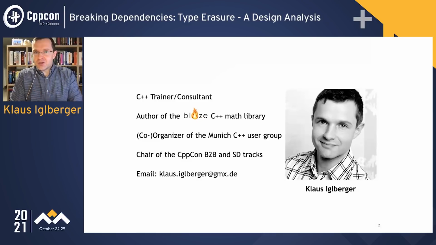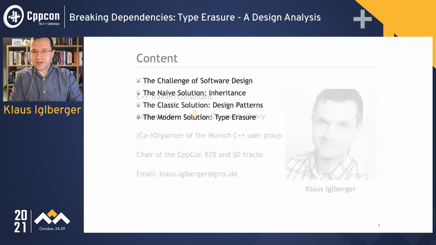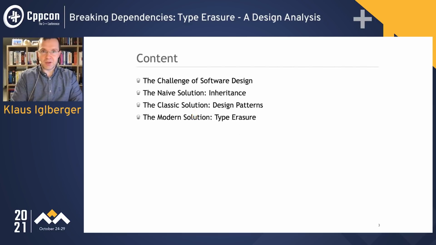The topic I've chosen today is one of my favorite topics because it's indeed about dependencies, which I feel is one of the most important things to talk about in software design. Yes, there are many talks on type erasure out there. Many good speakers have given really good talks.